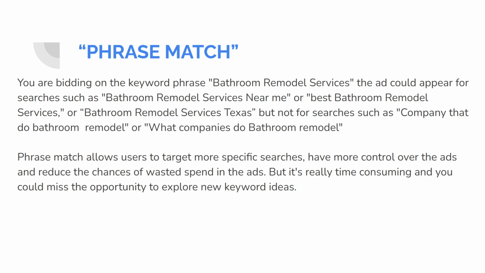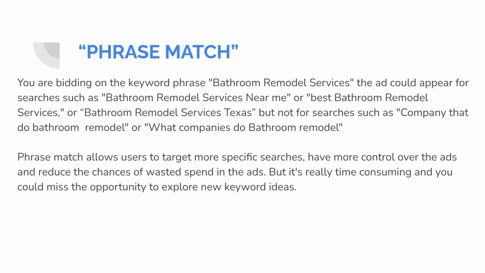So the way phrase match works, let's say you are bidding on the keyword phrase "bathroom remodel service." The ad could appear for searches such as "bathroom remodel service near me," or "best bathroom remodel services," or maybe "bathroom remodel services" with your geolocation target.